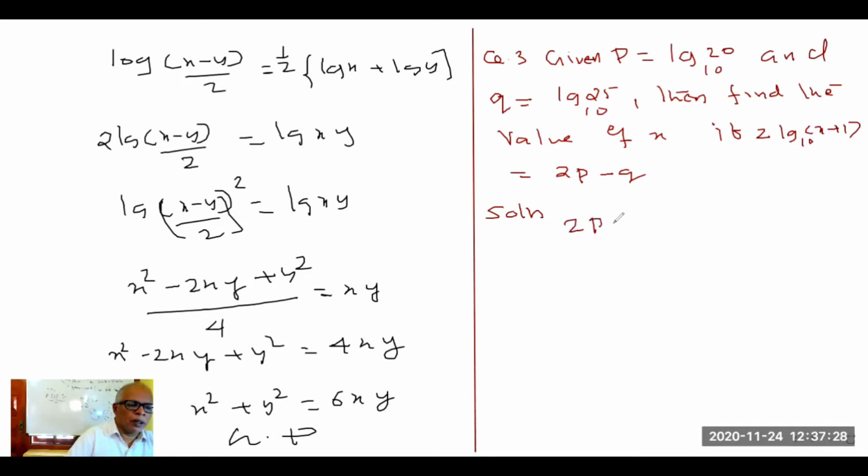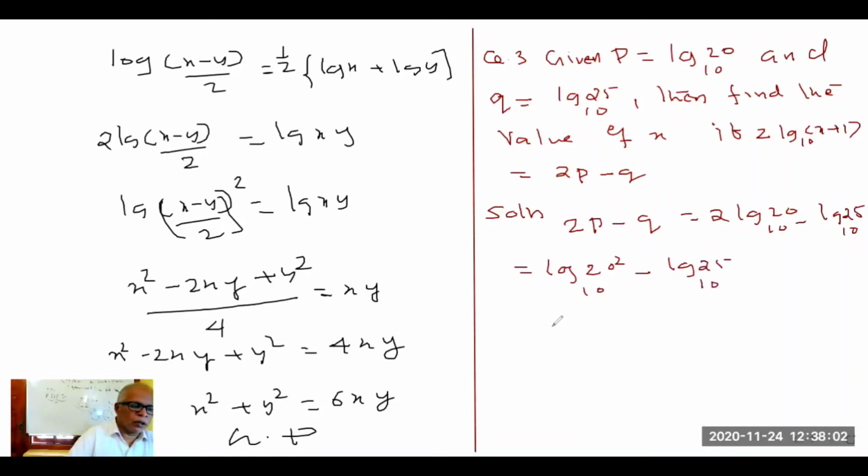2p minus q is equal to 2 into logarithm of 20 to the base 10 minus logarithm of 25 to the base 10. That is logarithm of 20 square to the base 10 minus logarithm of 25 to the base 10.